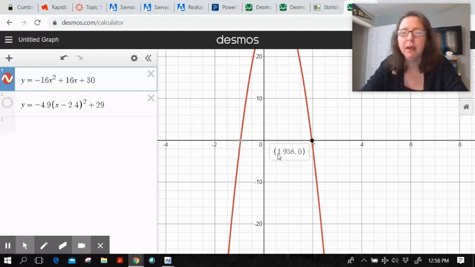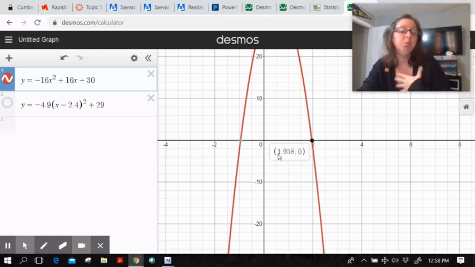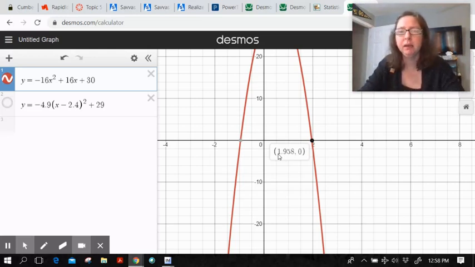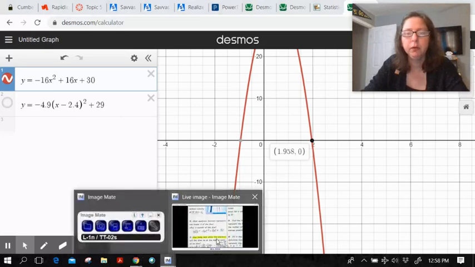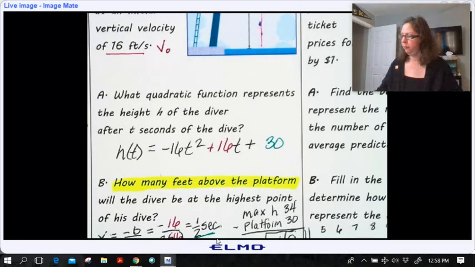And so in this case, we estimated approximately 5 seconds if we used the measurements for each 1/2 of a second. But the answer here is actually 1.95. So let's go back to our notes.